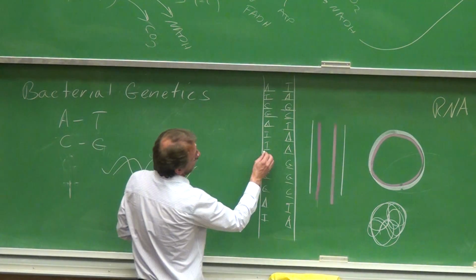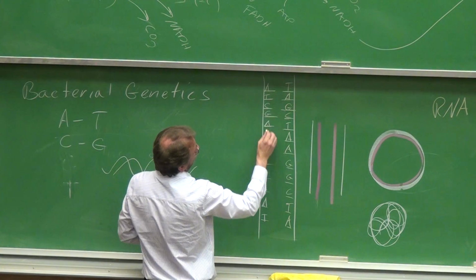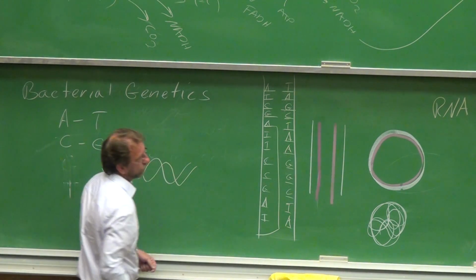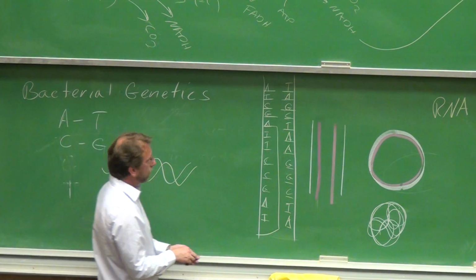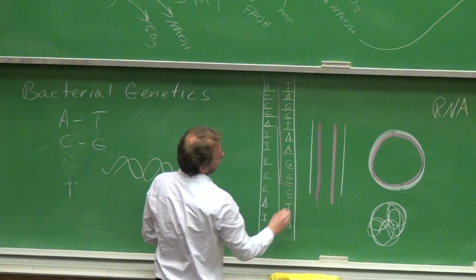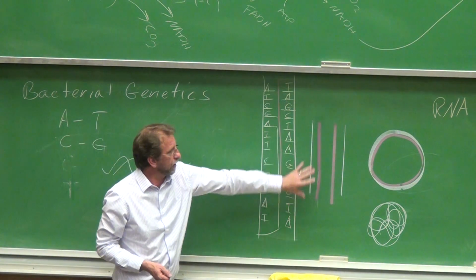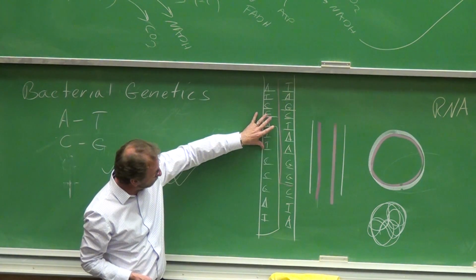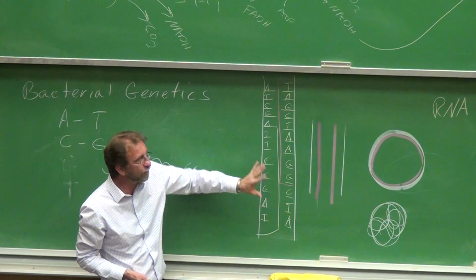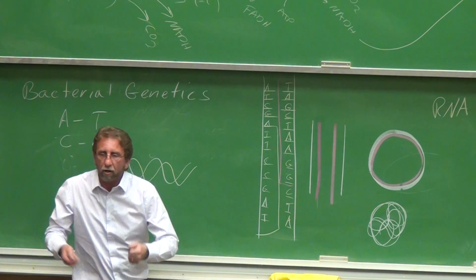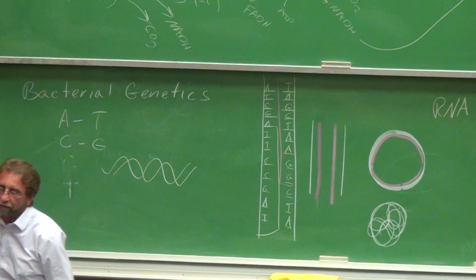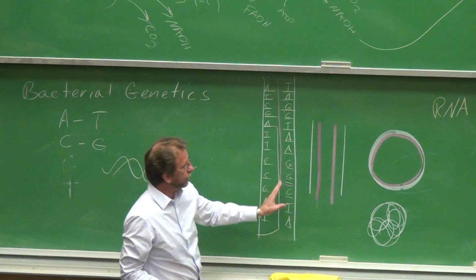So if this unzips, maybe the messenger RNA will read this part of the sequence, or maybe it'll read this part of the sequence. It depends on where a promoter establishes where the reading should take place, and that is more than we need to get into. But the cell will unzip, and then the messenger RNA will make a complementary strand from the unzipped portion here.